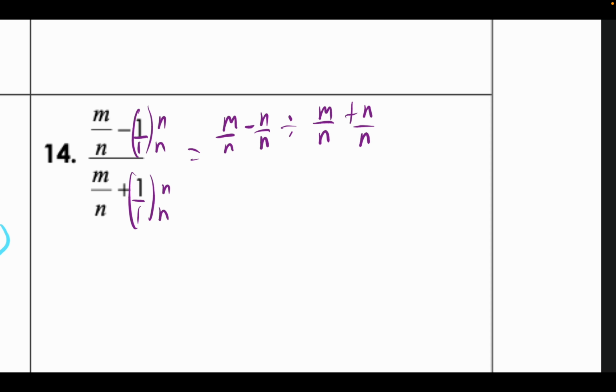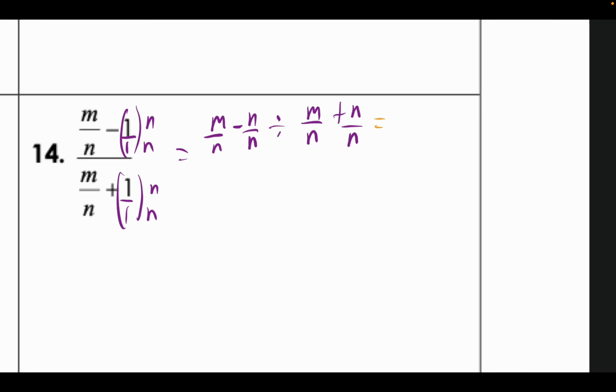So as one fraction for the numerator and denominator, before the division and after the division, we end up getting m minus n over n. And the second one, we end up getting m plus n over n.